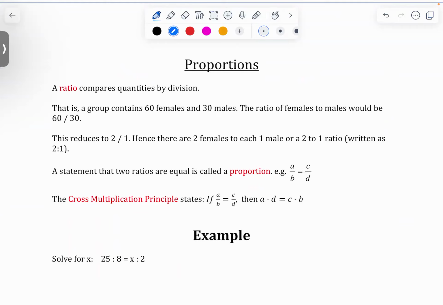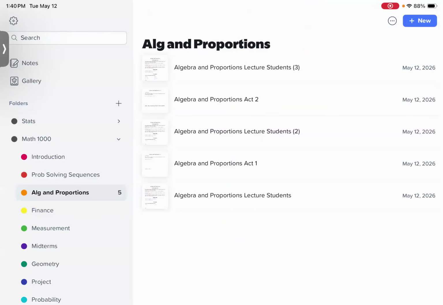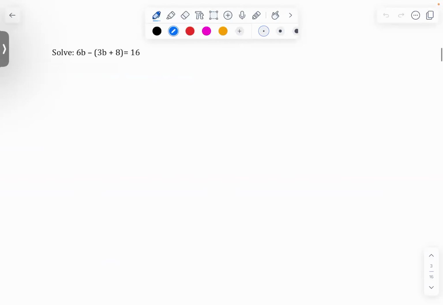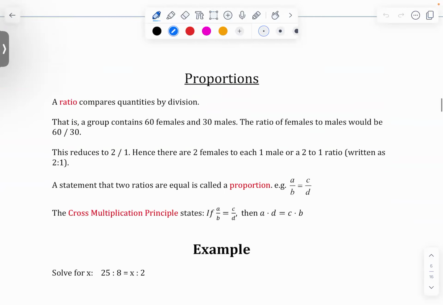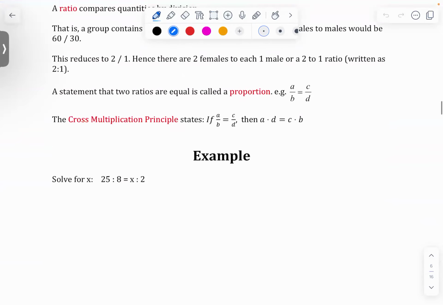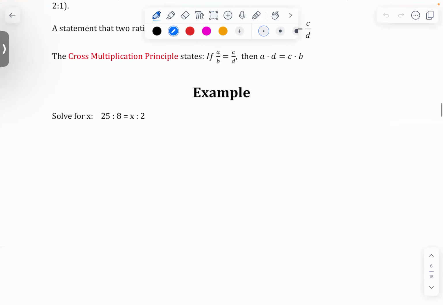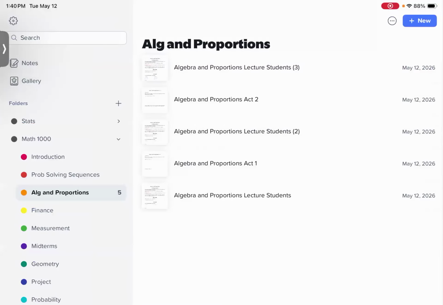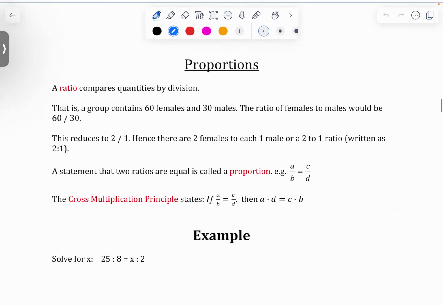Ratio compares quantities by division. A ratio compares quantities by division. A group contains 60 females and 30 males.